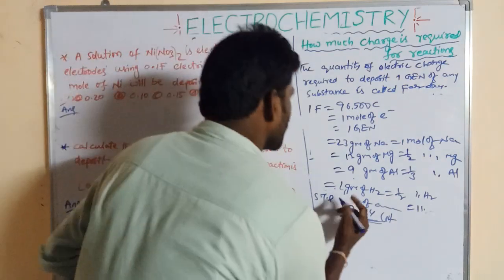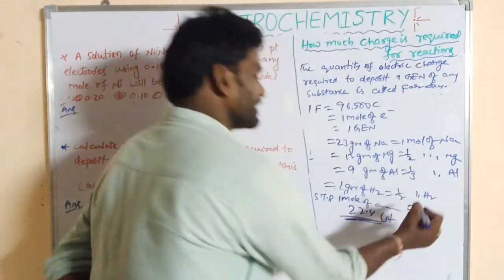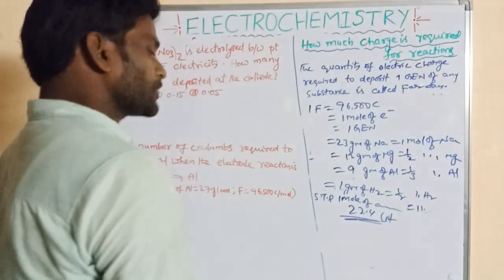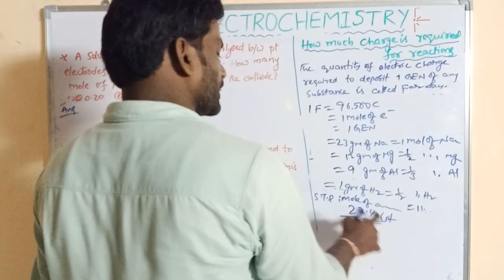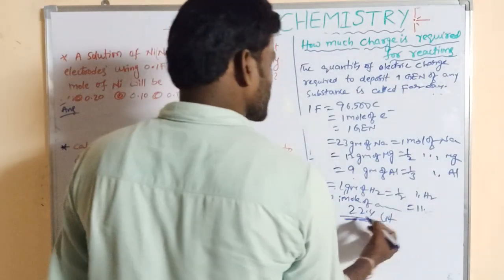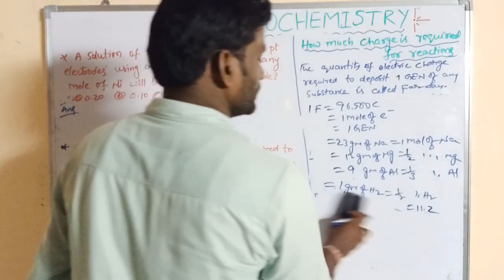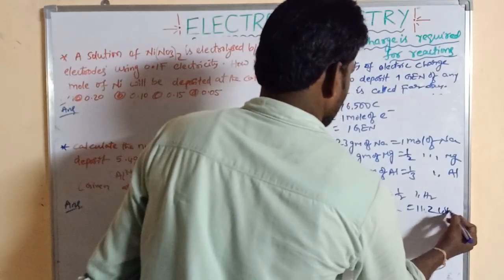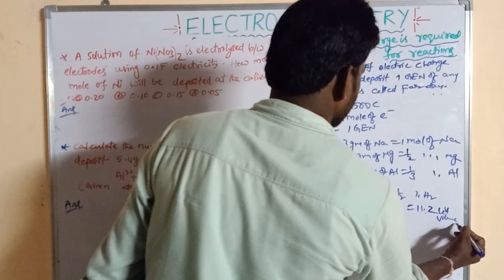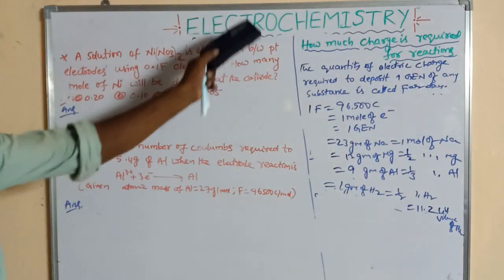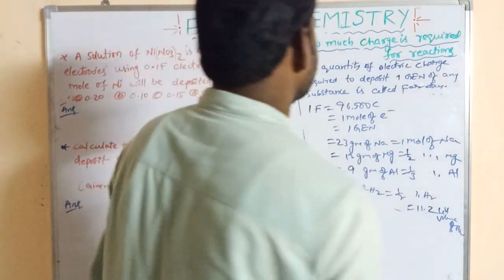At STP, 1 mole of any gas occupies 22.4 liter volume. So for 1 mole, 22.4 liter; for 1 by 2 mole, how much? 11.2 liter volume of H2. These are the conversions.